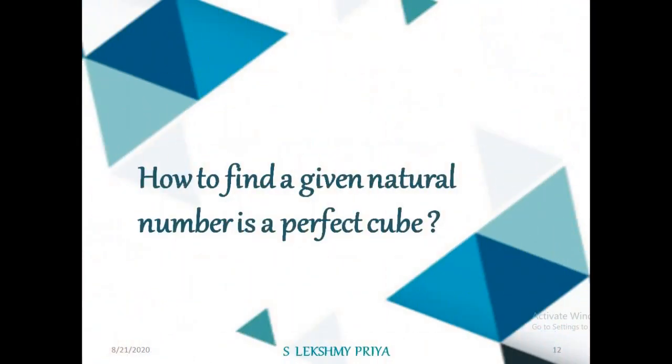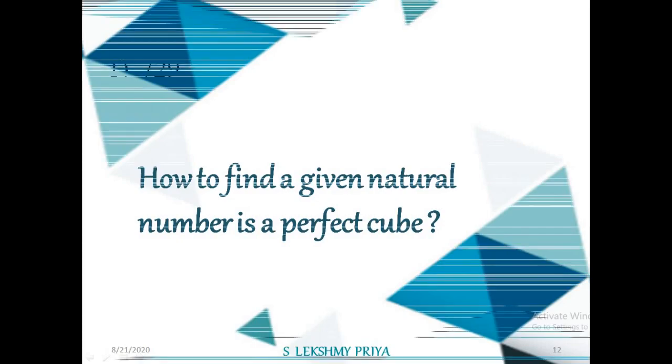Now, let's learn how to find whether a given natural number is a perfect cube or not. Let's consider some examples. Here is the number 729. We are going to express the number 729 into prime factors. How will we do it? Yes, correct. We can do it by prime factorization. 729. Which number do I have to take? 3.